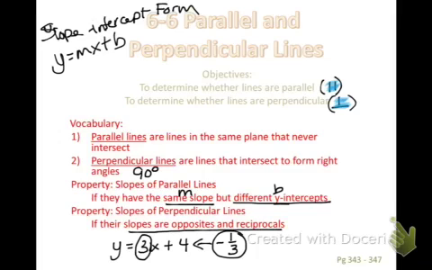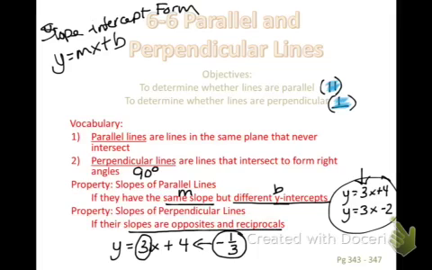If I looked at slopes of parallel lines, it would be y equals 3x plus 4, and a line parallel to that would be y equals 3x minus 2. Notice they have the same slope, but different y-intercepts.